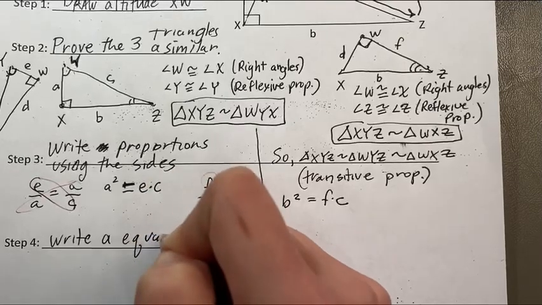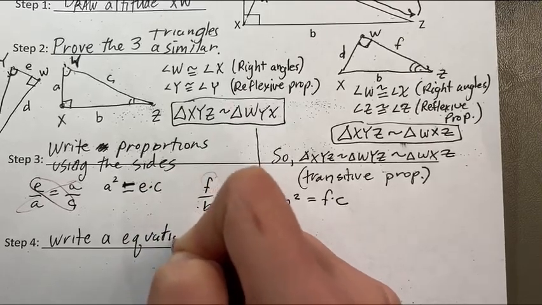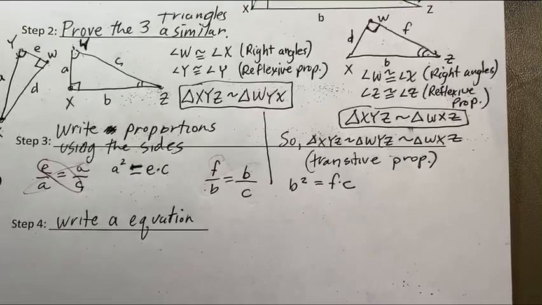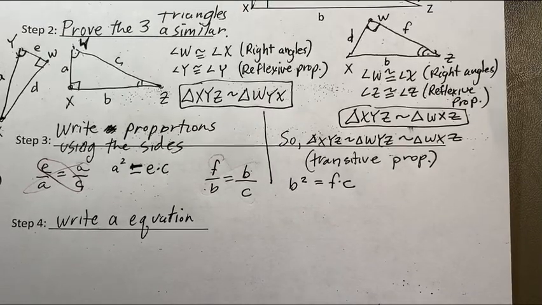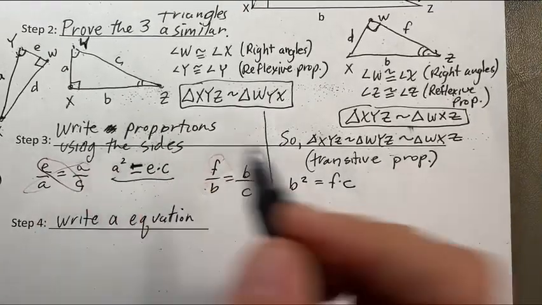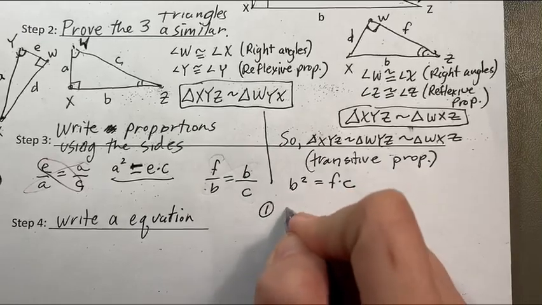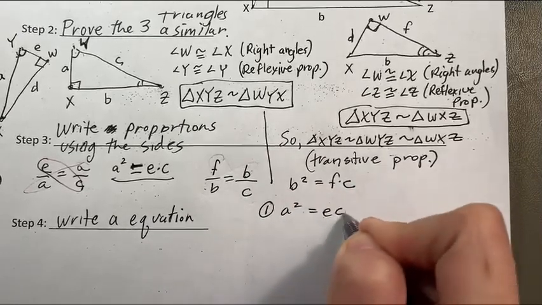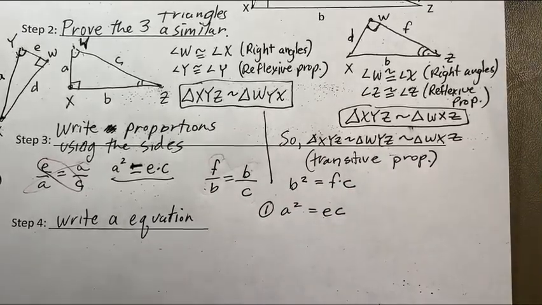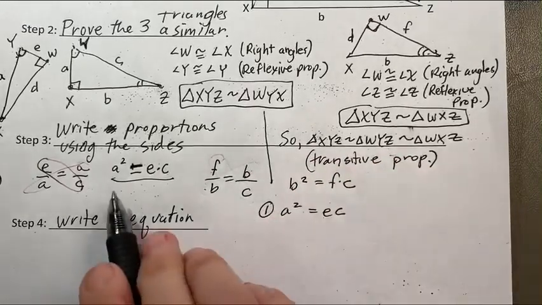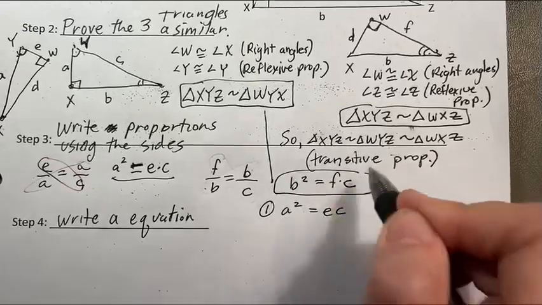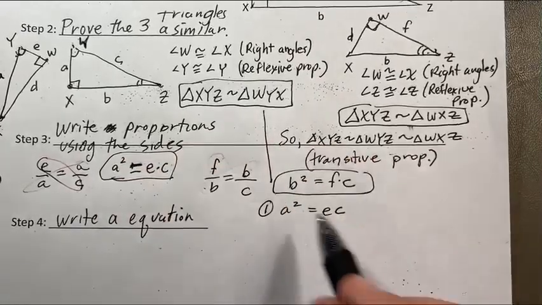So let's write an equation. And to do that, we should be able to say this equation right here. So let's start right there. A squared is equal to E times C. Well, what else do we know now? We also know we could add these two equations, right?